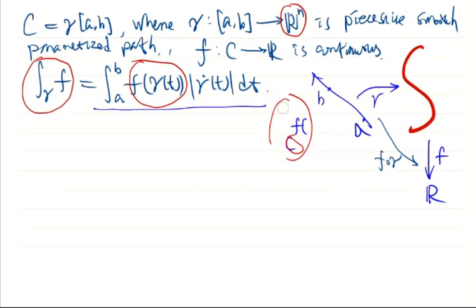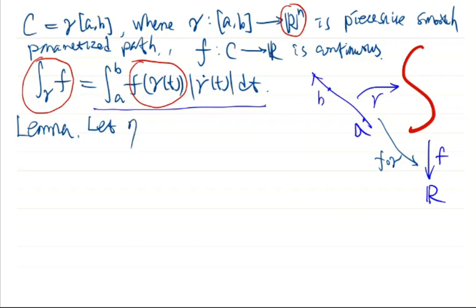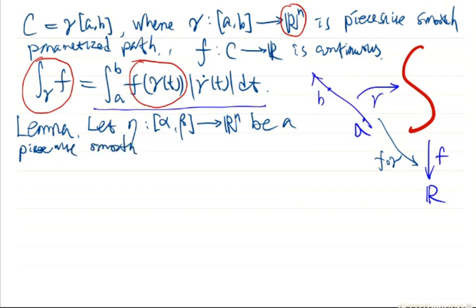Now let's prove these results. First, we state the lemma. Let eta from [alpha, beta] to Rn be a piecewise smooth parametrized patch equivalent to gamma.